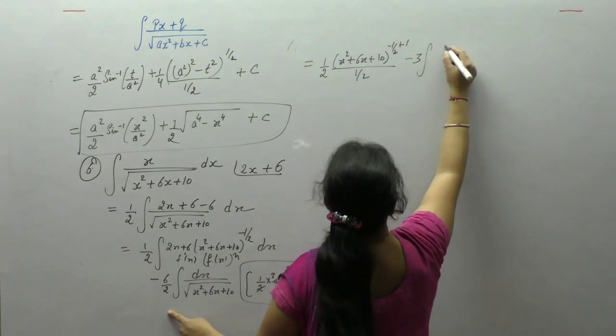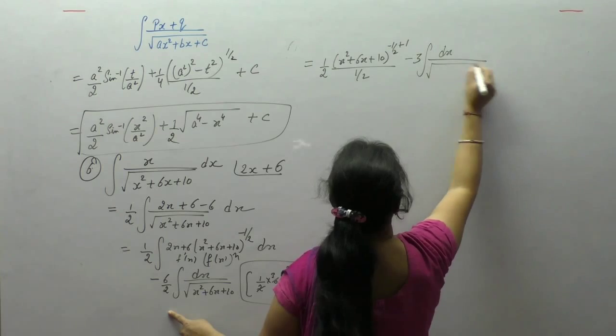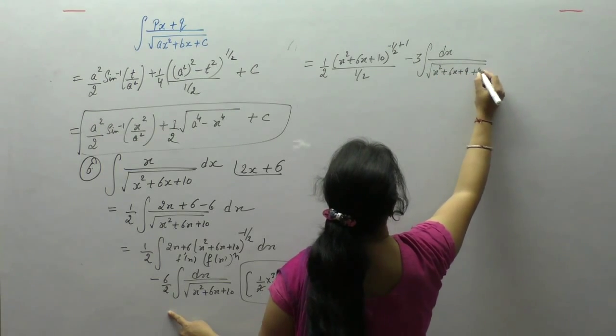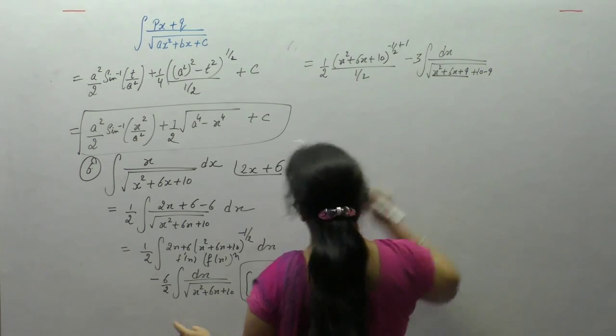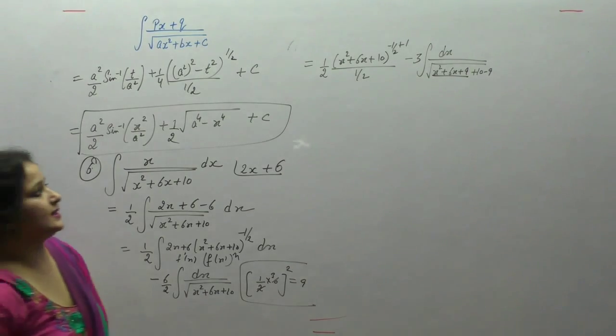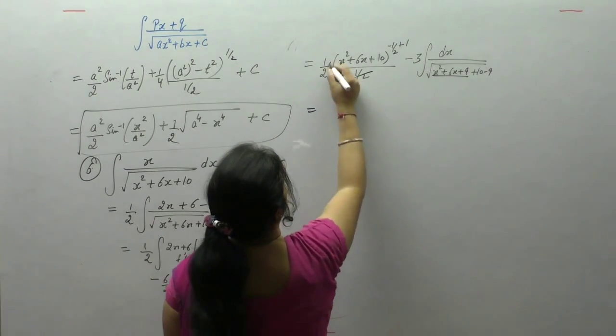Complete the square here. Dx upon square root of x square plus 6x plus 9 plus 10 minus 9. A square plus b square plus 2ab is equal to (a plus b) whole square.